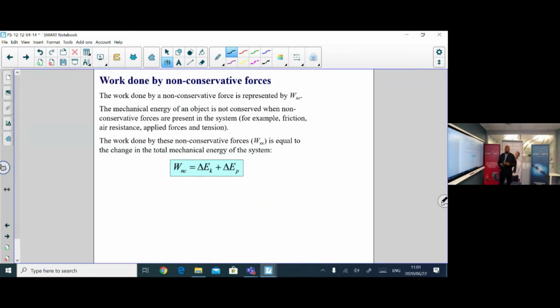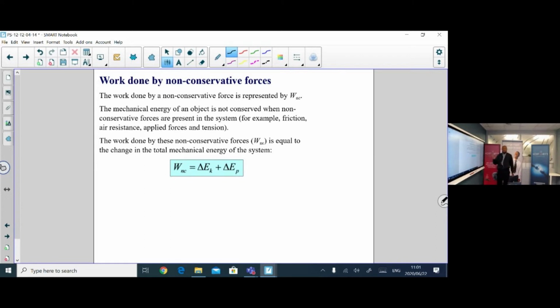Conservative forces are the forces that do not remove mechanical energy in the system. What about non-conservative forces? These are the forces that remove mechanical energy in the system.